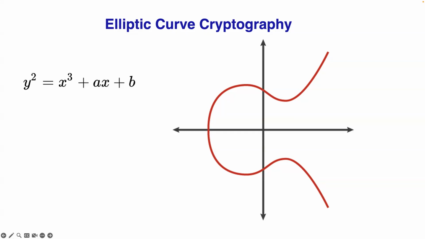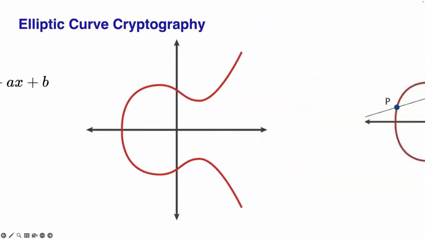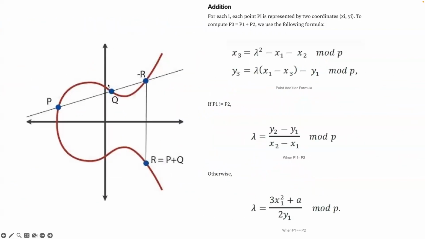I just want to give you more intuition, so I'm not going to tell you what a field is and what a group is. Basically, instead of real numbers like 1.5 or even pi, we're dealing with big integers. End of the day, it's all integers, because that's what computers are good at dealing with.